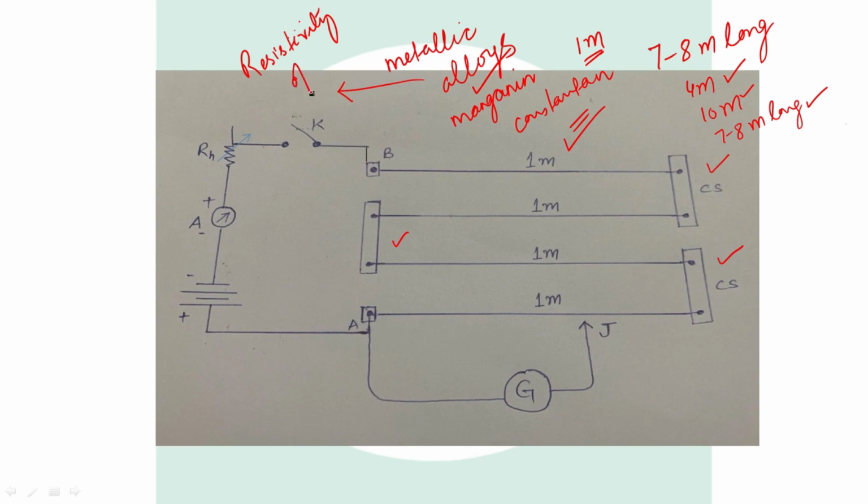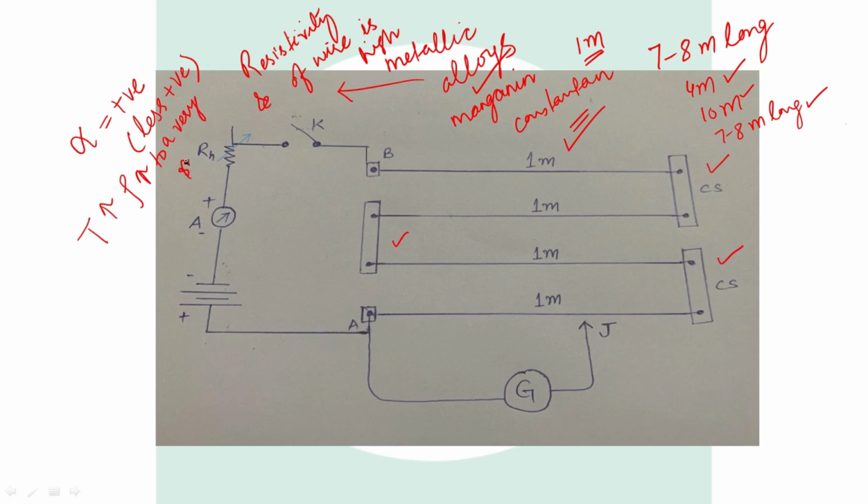The temperature coefficient of resistivity, that is alpha, is positive, but it is less positive. Less positive means with the increase in temperature, resistivity increases to a very small extent, and that we can neglect.